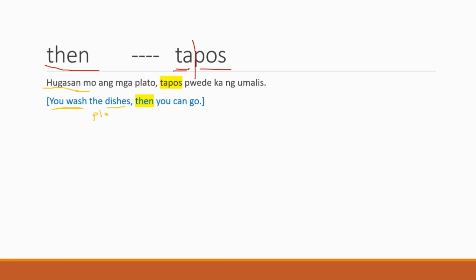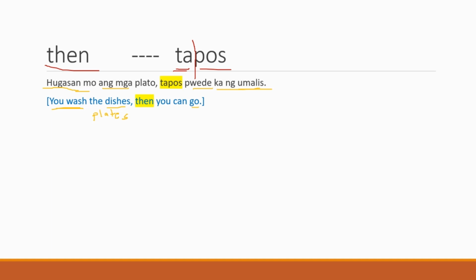Plates with S because of the word ang mga, which makes it plural, right? And then you can go. Pwede ka nang umalis. Umalis is go. You can, pwede na. Pwede ka nang umalis.